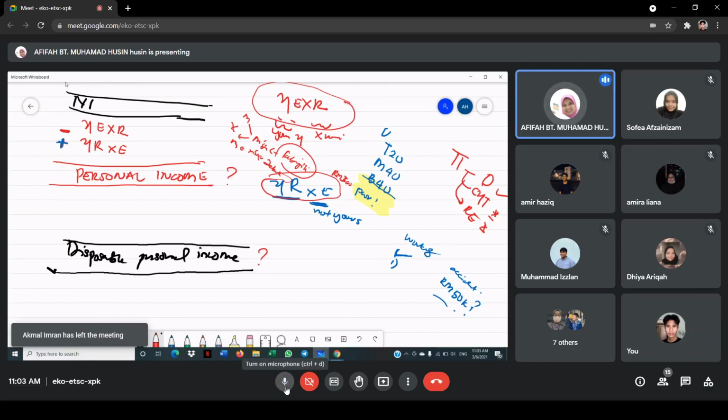Okay, layman's word. Yang tu bila you tengok formula minus taxes, what is the layman's word for the difference between personal income and disposable personal income? Okay, tak tahu. Layman's word, simple word.